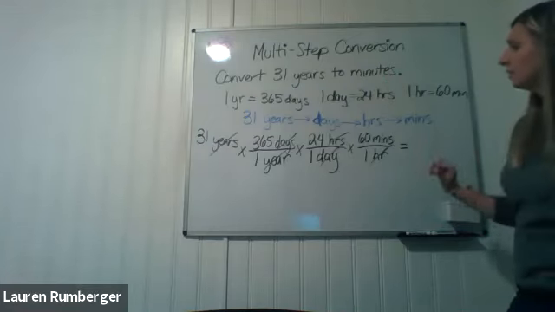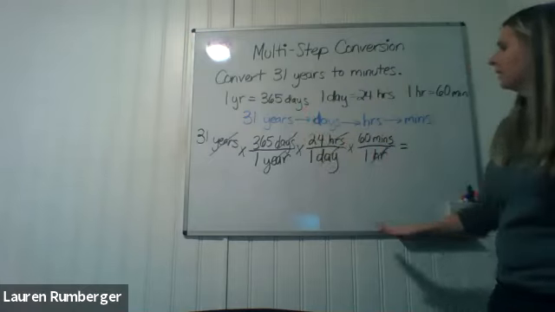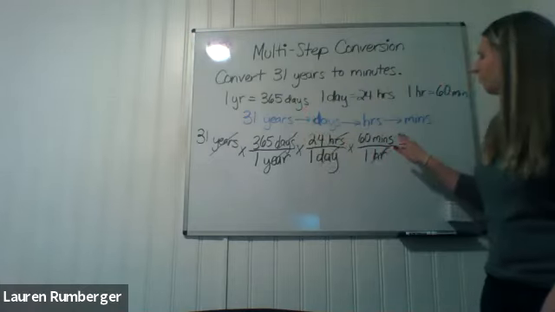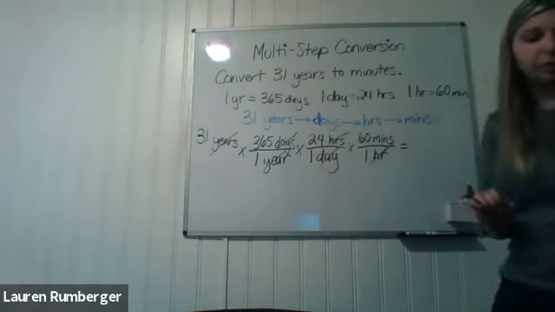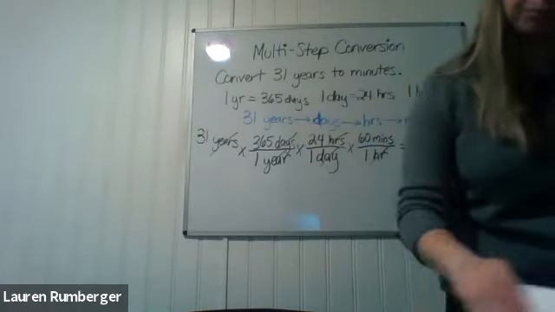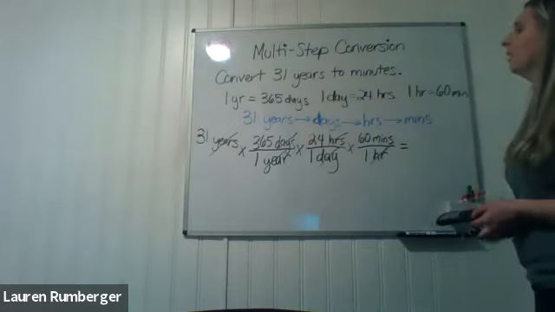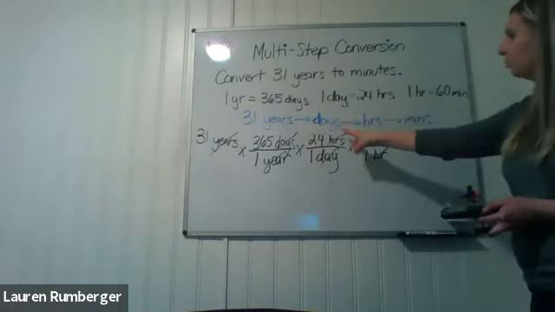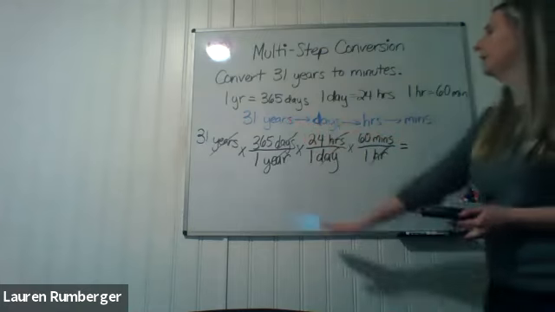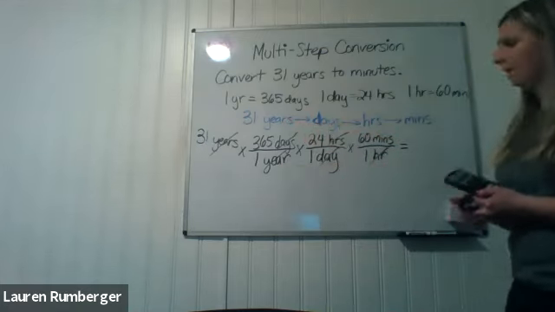Now that your units are all set up and canceled appropriately to reach minutes, now you can grab your calculator. When you grab your calculator, what we're going to recognize here is that we have all of our values in the numerators, and the denominator is all 1.